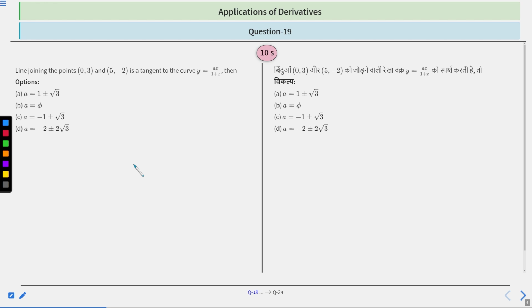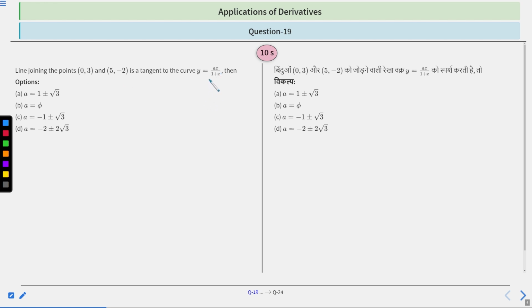See, the hint of this question is we have given 2 points, right? So, if we have given 2 points, we can easily find the equation of line passing through these 2 points, and the line we will find is tangent to this curve.